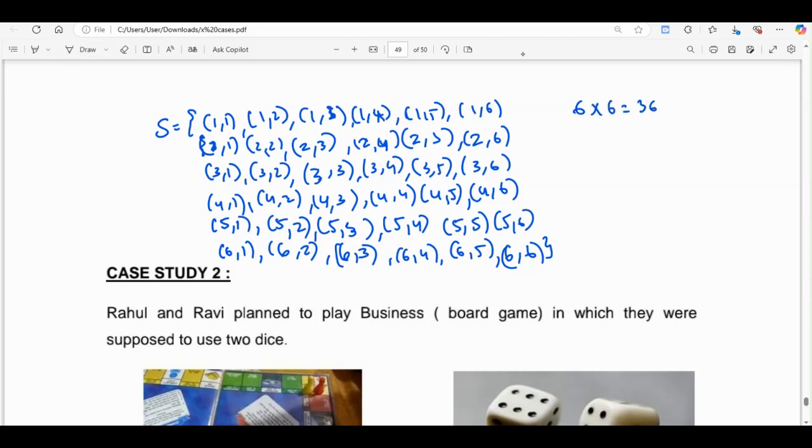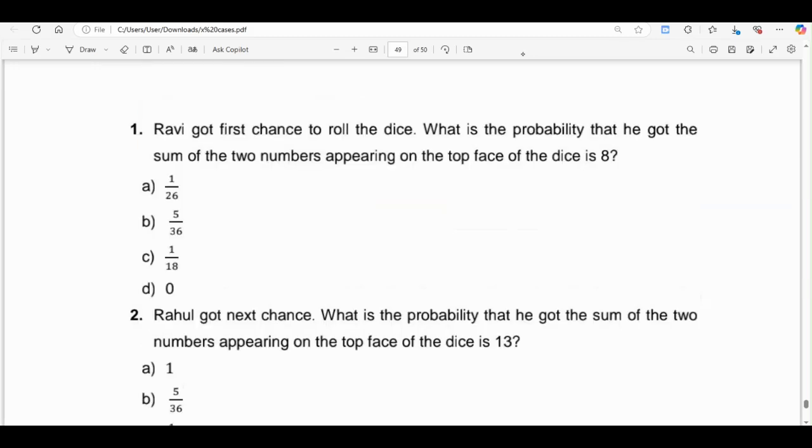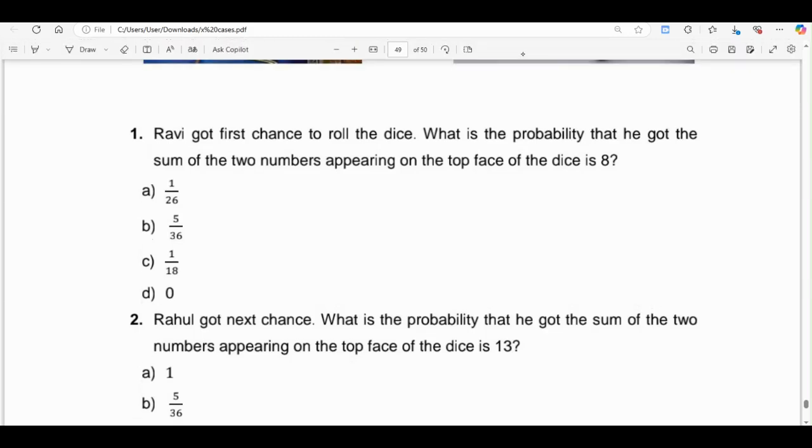Now they are asking you to find the first one. When you add the two numbers, you have to get the sum as 8. So what do we have? The answer will be 2 comma 6, since 2 plus 6 is 8.